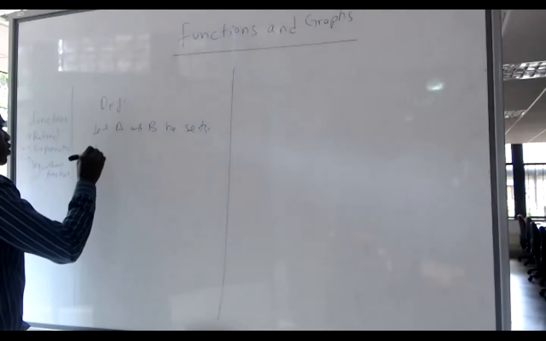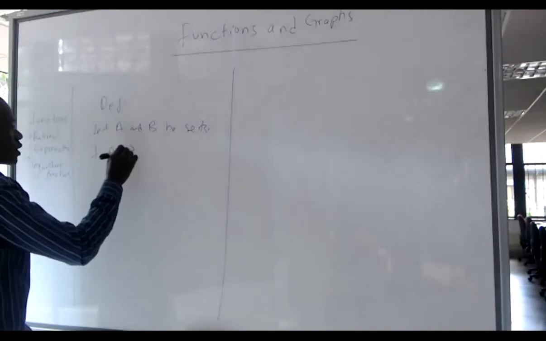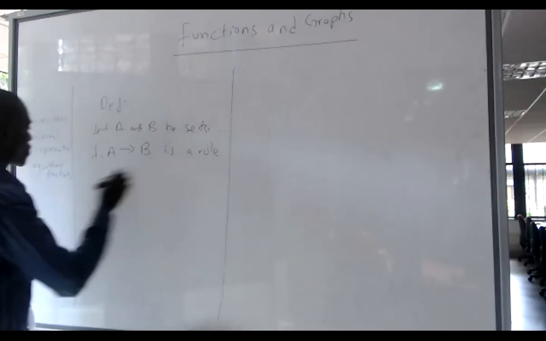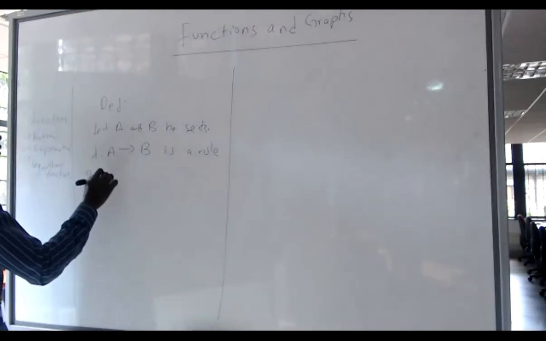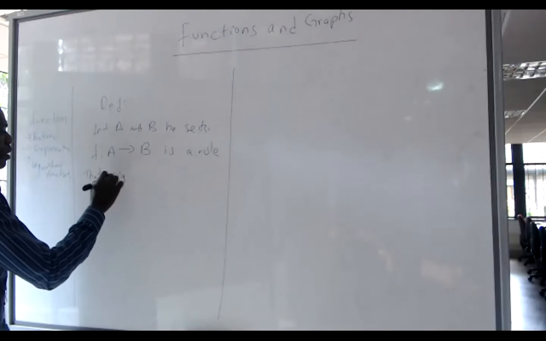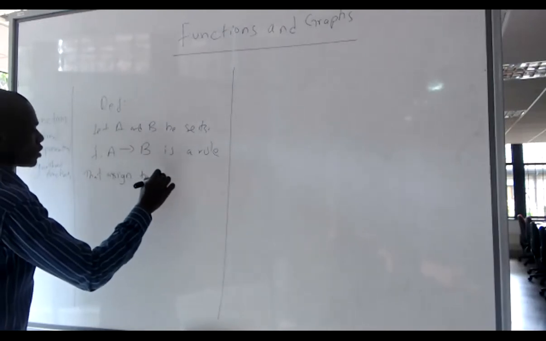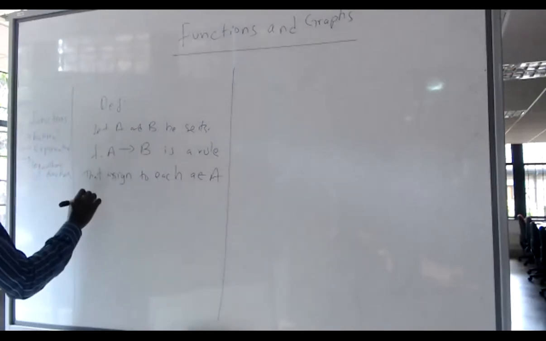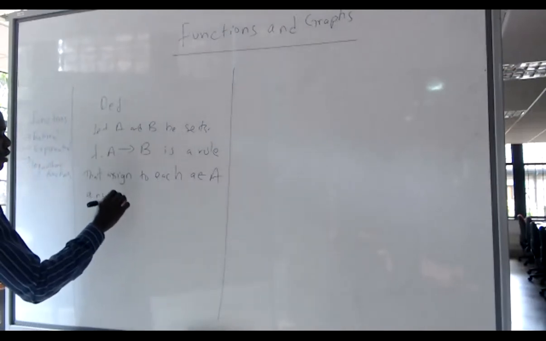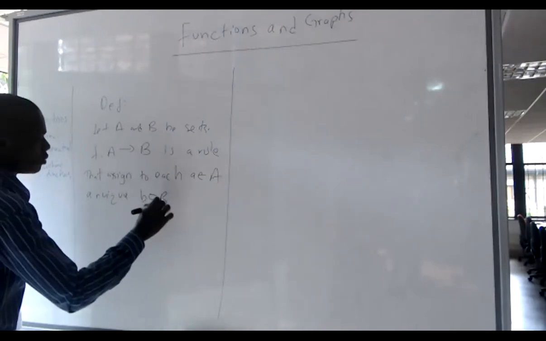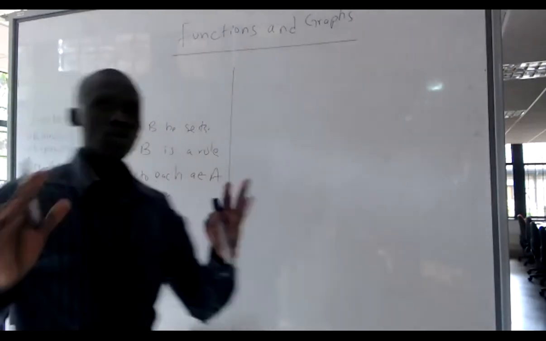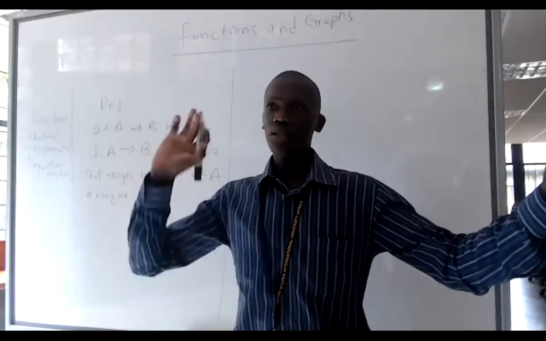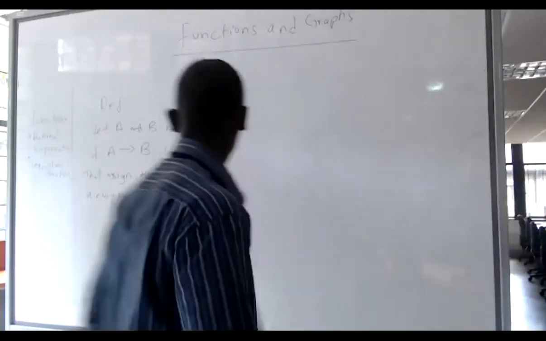Then a function denoted by f from the set A to the set B is simply a rule that assigns to each element of A a unique element in B. So we're looking for a correspondence. Each and every element in the first set is associated with exactly one element in the second set.